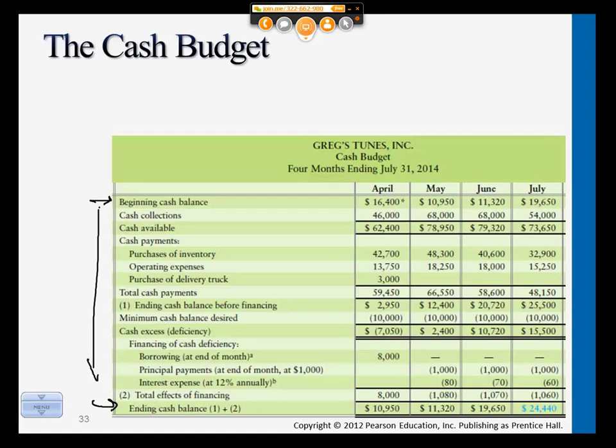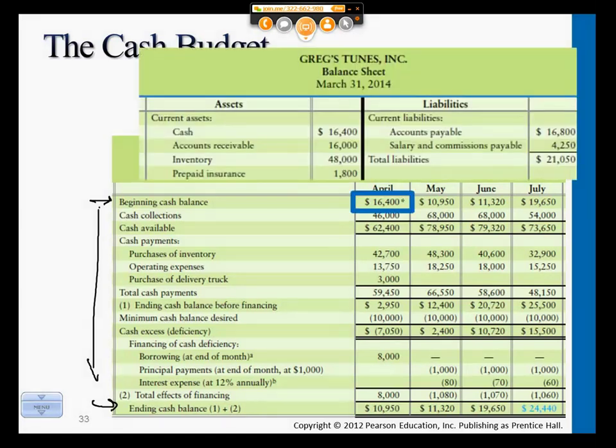Might be none, right? Then what we're going to get is this ending cash balance. So let's look at this. The beginning balance is 16,400.